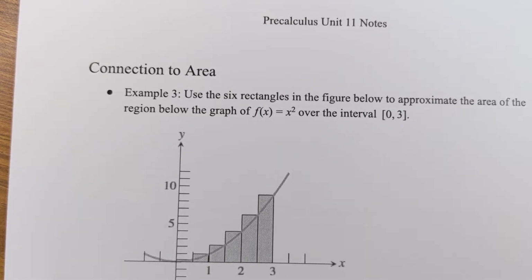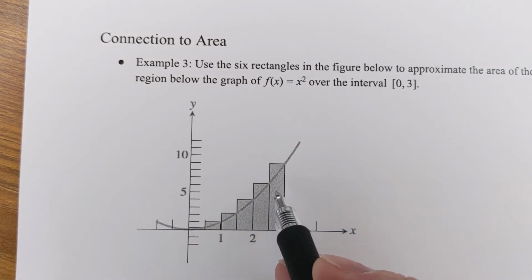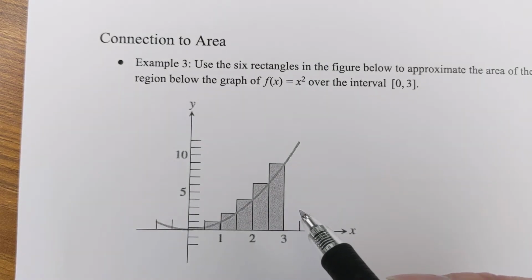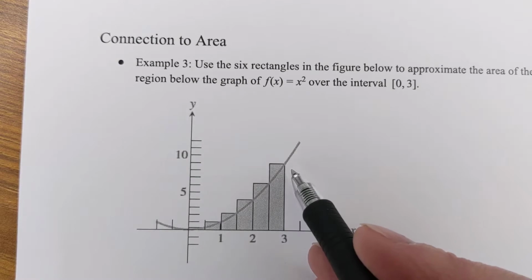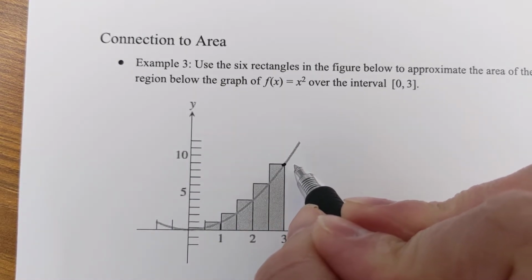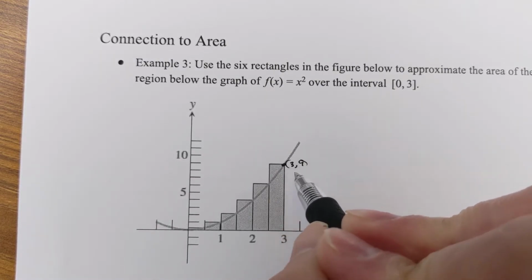So let's see here. Each rectangle is a half unit wide. And then I can find the area by figuring out how tall they are. It looks like we touch on the right edge. So this point here is at 3, 9.